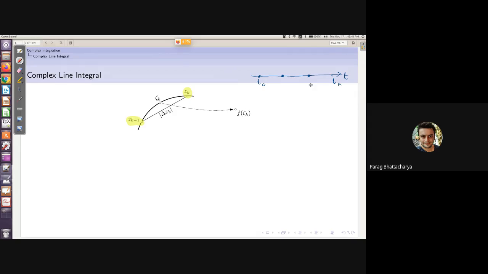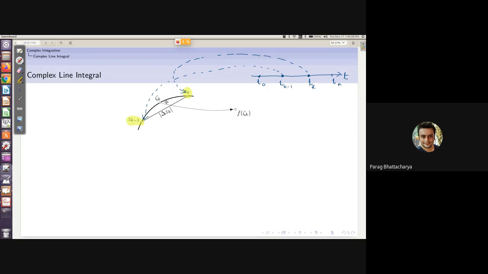Let's say this point is tk, then the previous point must be equal to tk minus 1. Now this tk minus 1, because it's a parameter, will correspond to some point zk minus 1, and this is going to correspond to some other point, that is zk.